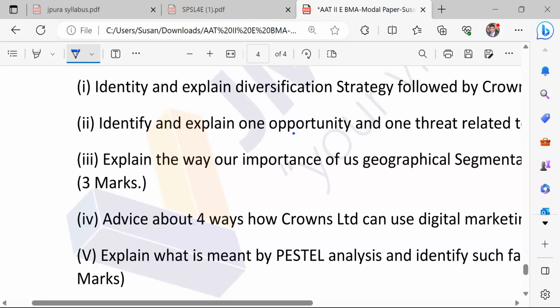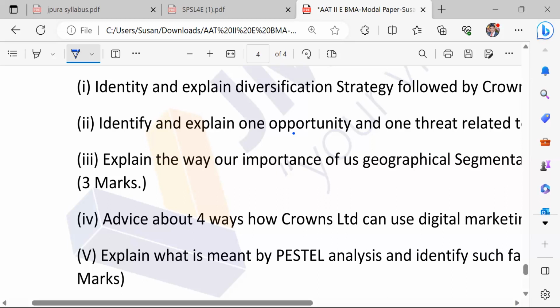They can also introduce a mobile application and use it for digital advertising. You can explain 4 of these. Then Crowns can use those for digital marketing.